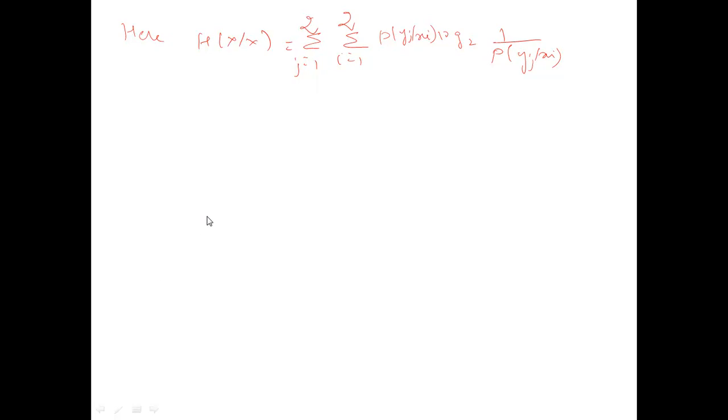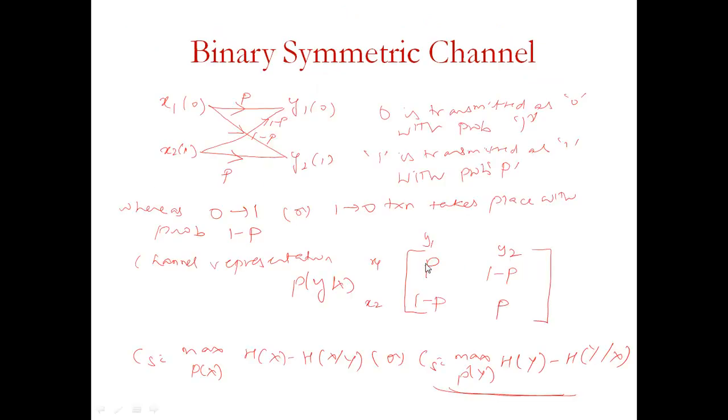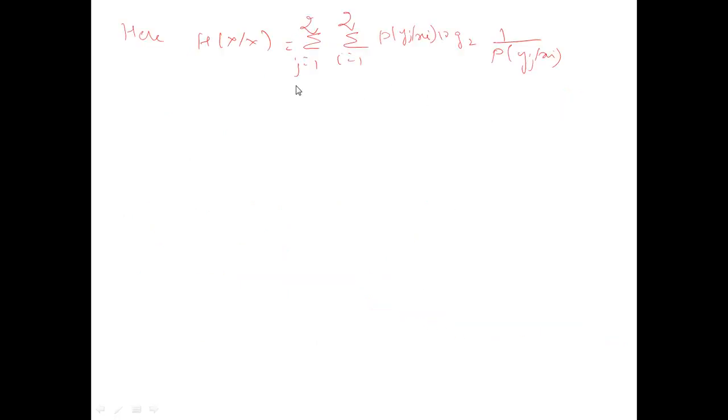But here we need to understand that in p of y given x, every row has the same elements. See the first row, we have p and 1 minus p. See the second row, we also have p and 1 minus p. So if you expand this, you will note that every row has the same set of elements, so we can take this separately, since the input is independent.